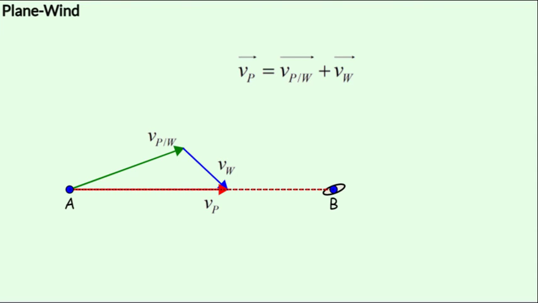So this is the principle that we have to use when solving plane wind problems. And just like the riverboat problems, it is important to get the velocity diagram right. Once you have that, then the rest is purely mathematics.